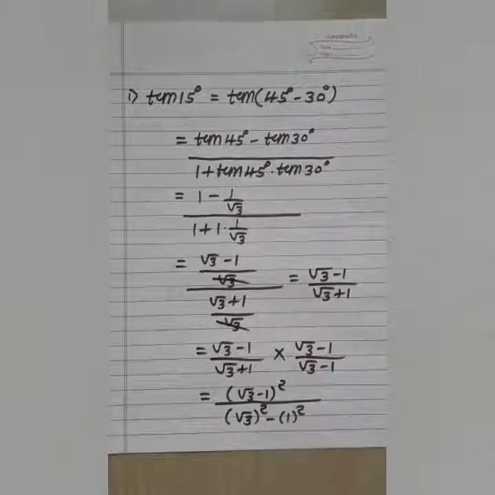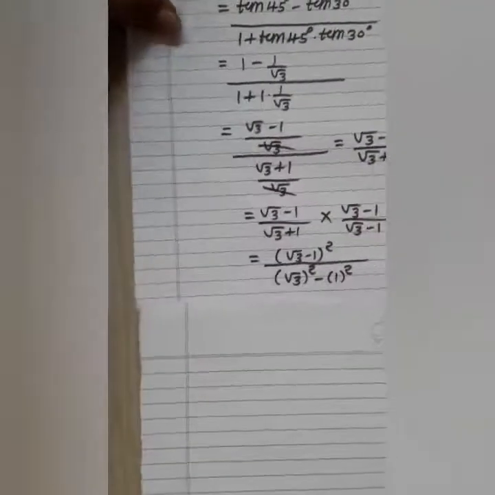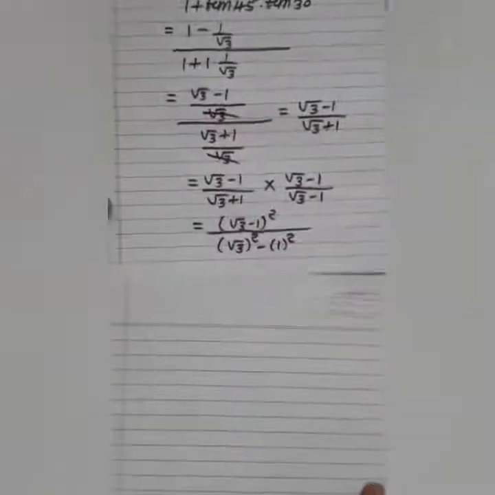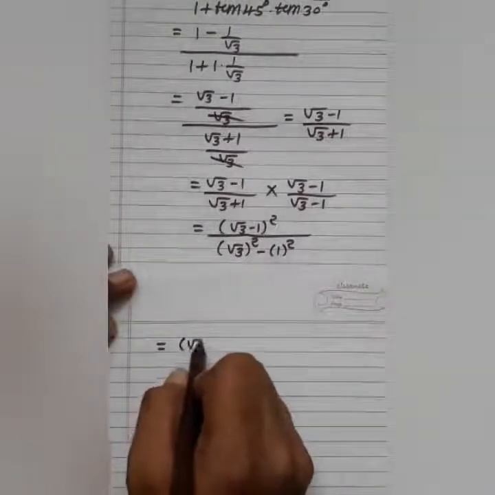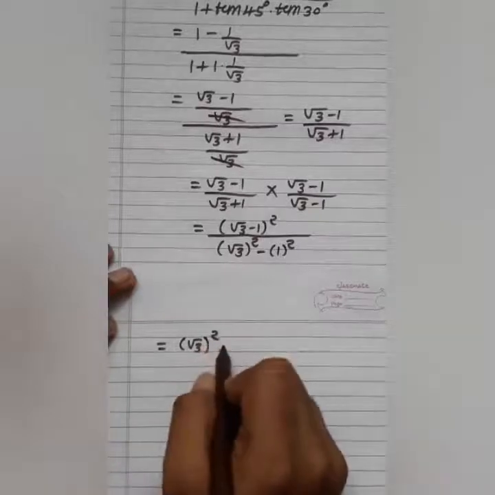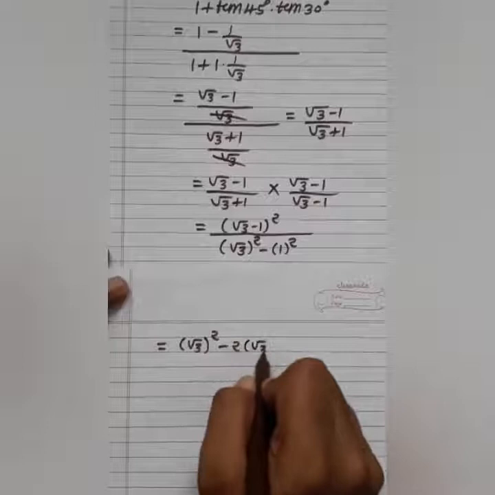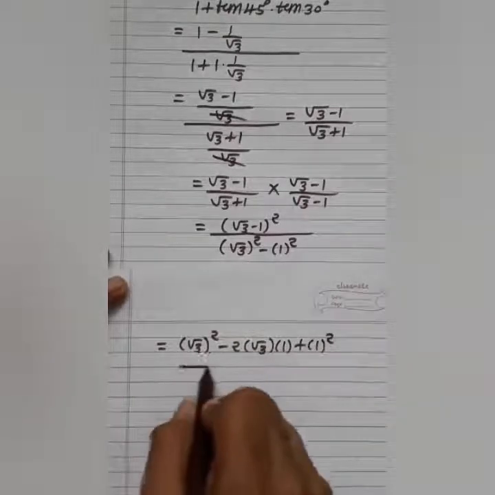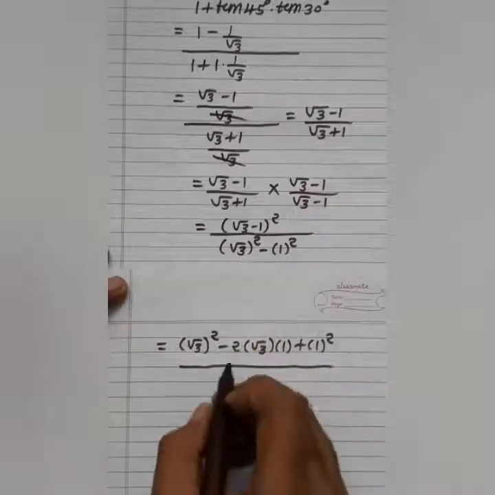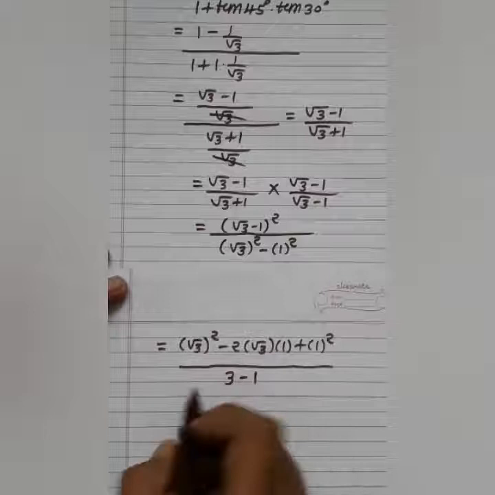So in the numerator we can apply the formula (a minus b) whole square, that means (root 3) whole square minus 2 root 3 into 1 plus 1 whole square, upon, in the denominator, (root 3) square, that means 3, minus 1.